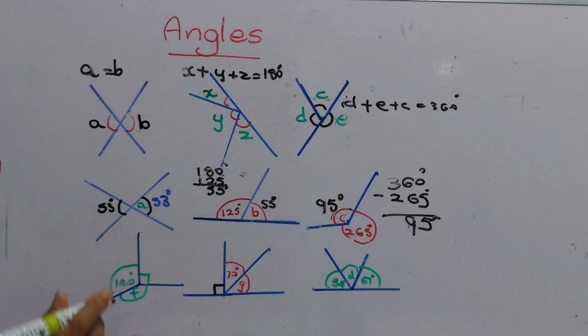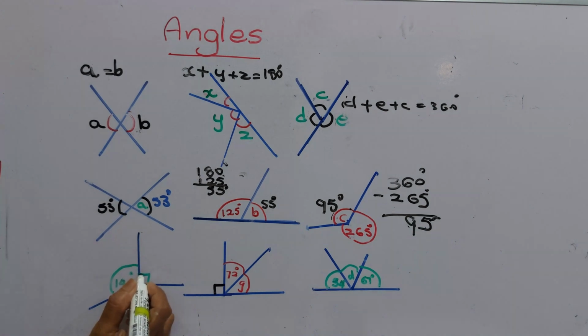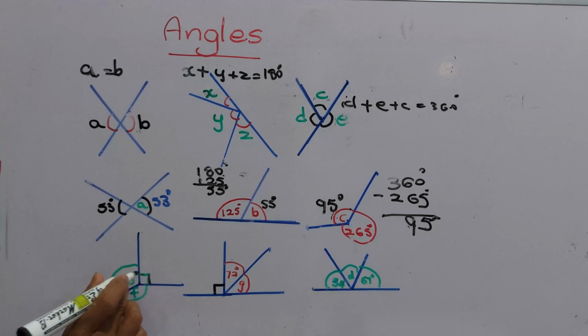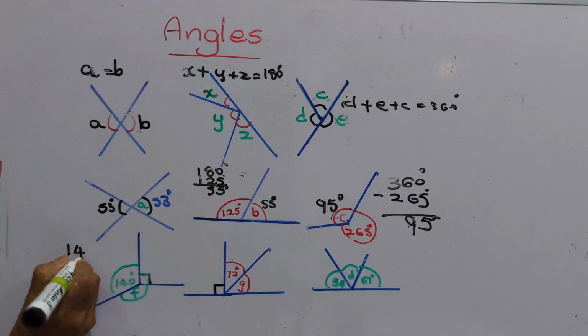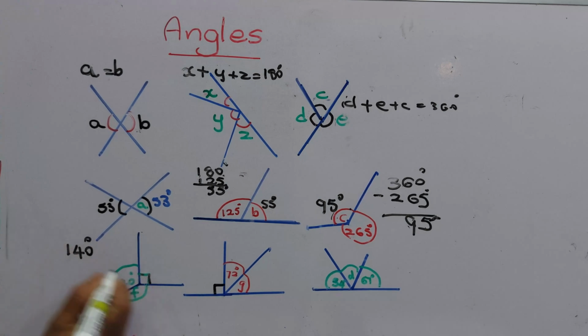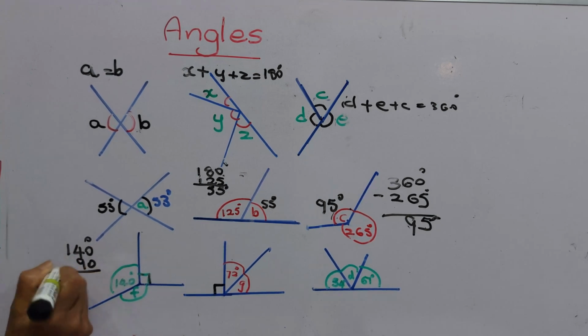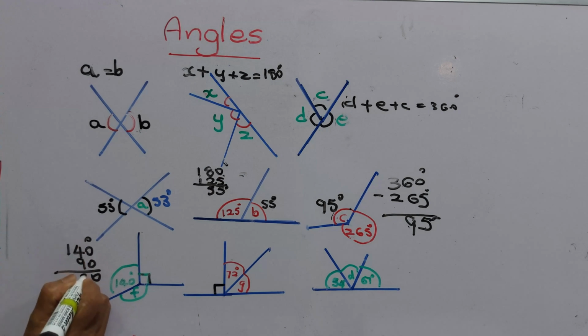Now in this figure, we know a right angle is 90 degrees. Here they have given the value 140 degrees. 140 degrees plus 90 degrees totals 230 degrees.